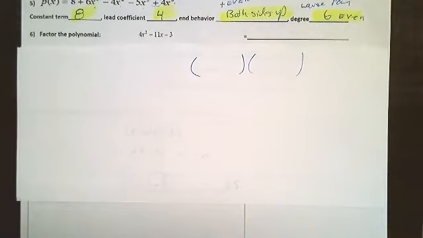So you're looking at a bunch of junk. Maybe 1x, 4x, 1, 3, plus minus 4x, 1.